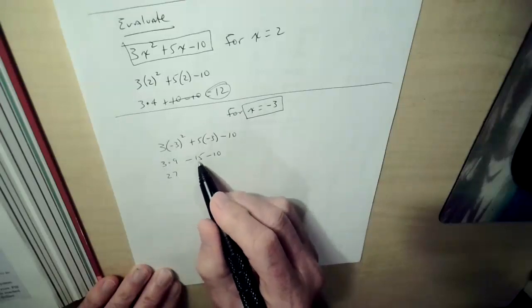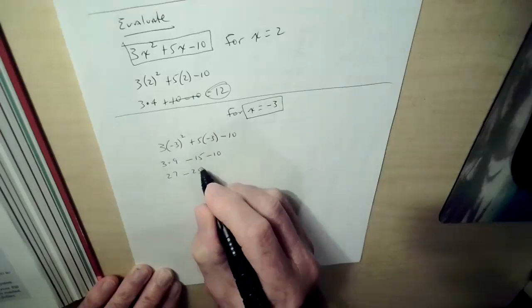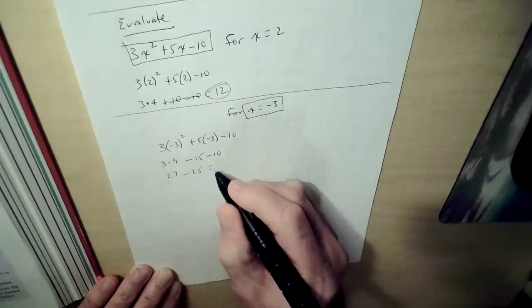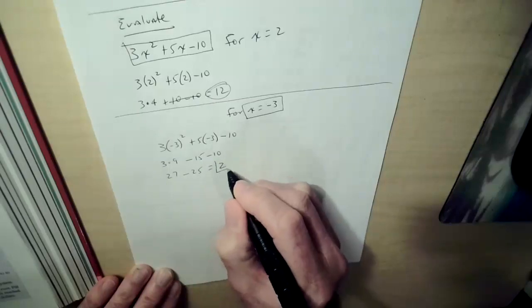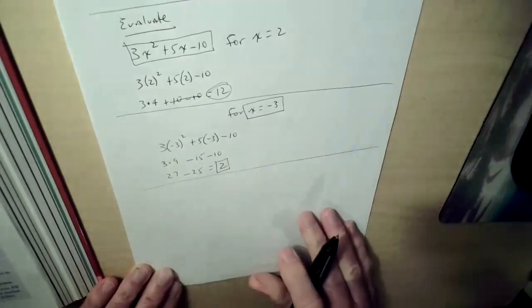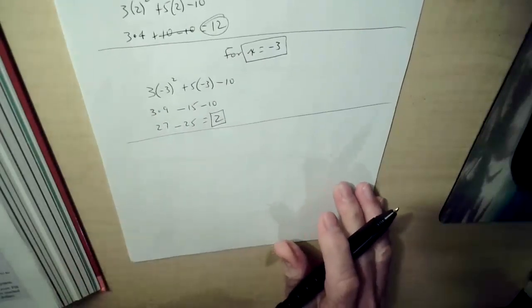That's 27. -15 minus 10 is -25. So this equals 27 minus 25, which is 2. That's all there is to it. It's really very simple. And again, you can use your calculator and it'll do order of operations for you.